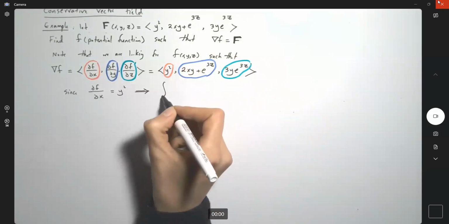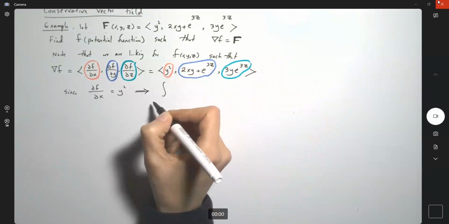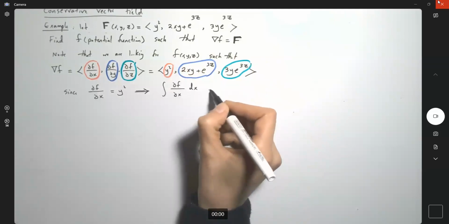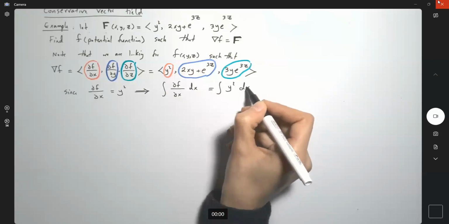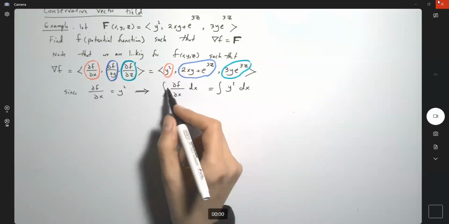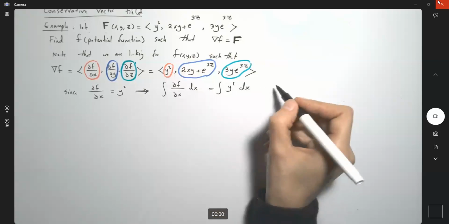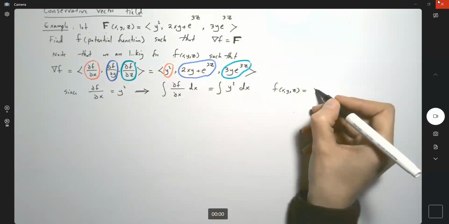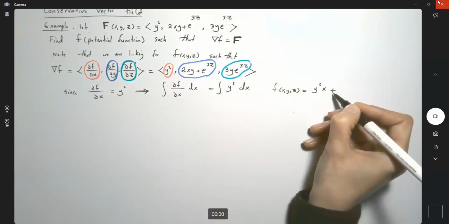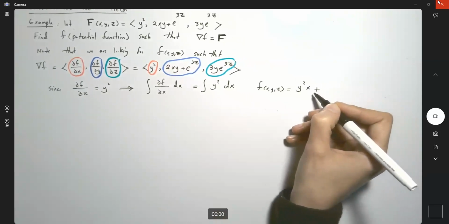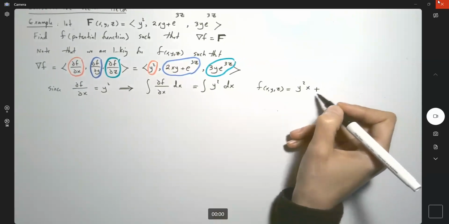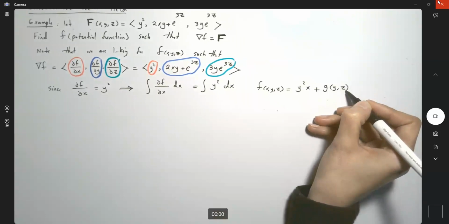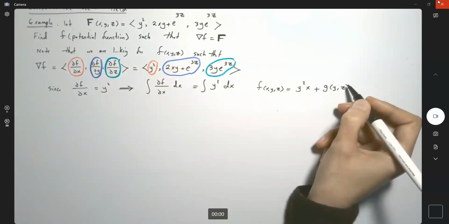It means that if I take the integral with respect to x, the integral of the partial of f with respect to x is equal to the integral of y squared. So on the left-hand side, I end up with f of x, y, and z equals y squared x plus, not just a random constant, a function g of y and z. This is the tricky part.